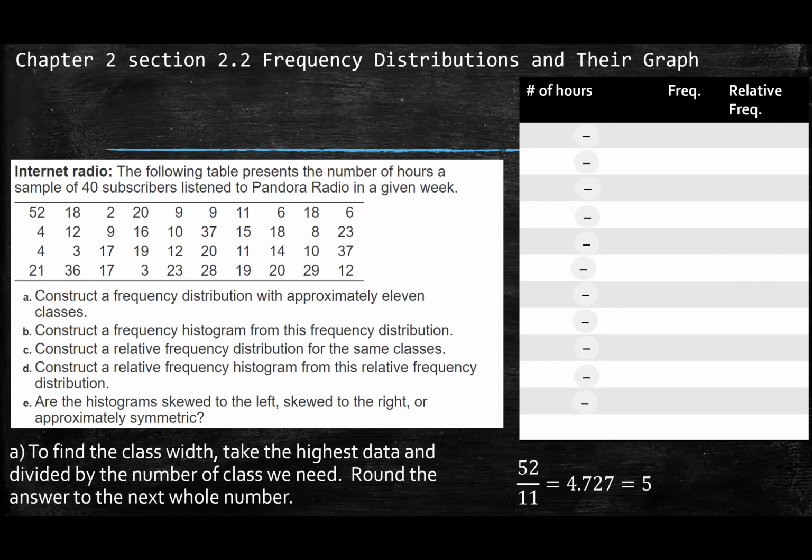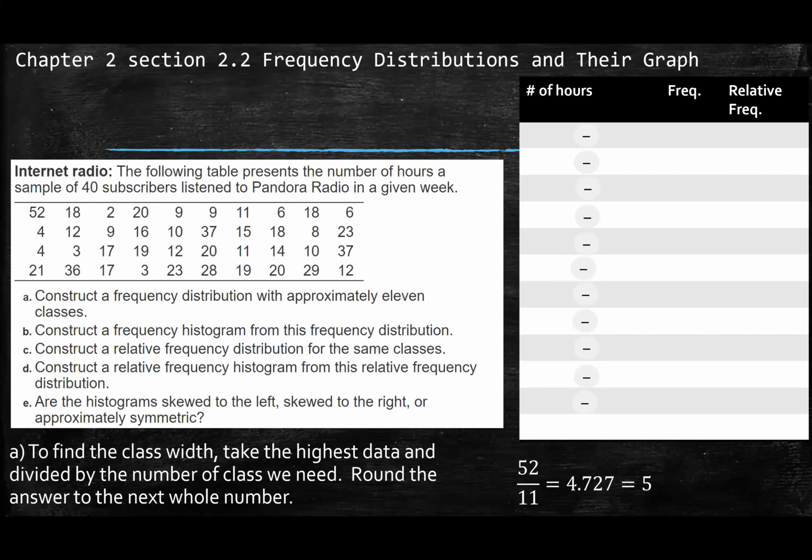And one thing about this, ladies and gentlemen, in statistics, we have 3 or 4 different types of rounding rule. Your original rounding rule: if the number is bigger than 5, you add 1 and drop everything. That's your original rule. Because the number of classes is discrete, we want to make it a whole number, right?